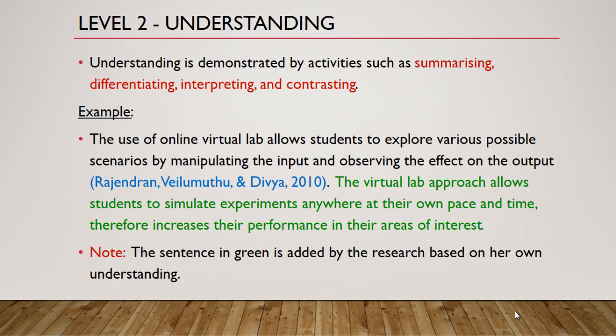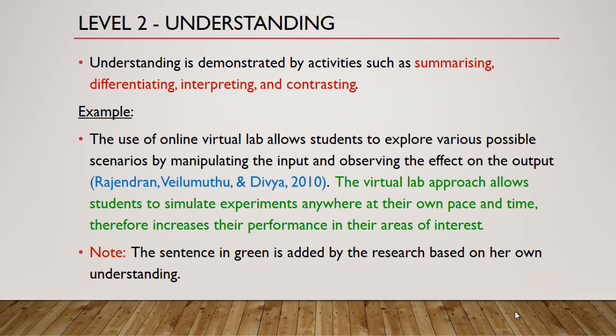But after that, the researcher actually explains and elaborates on what is actually happening, and she interprets this as sort of to add that this allows these experiments to be conducted at their own pace and time and increase the performance.